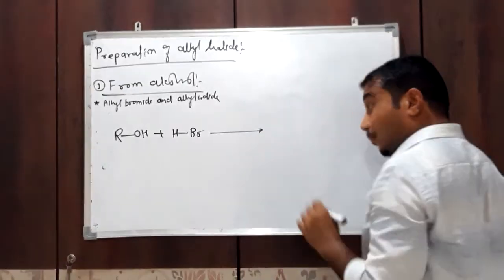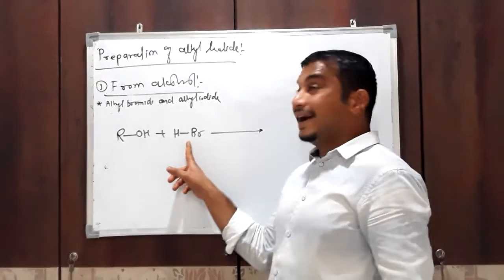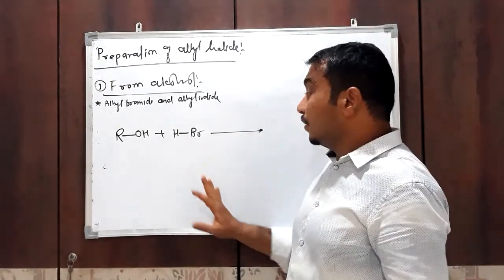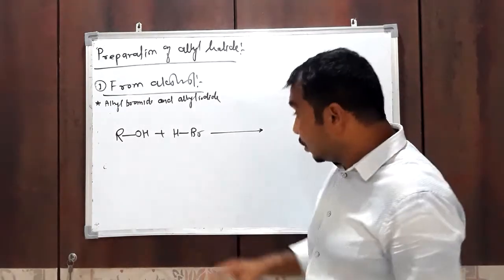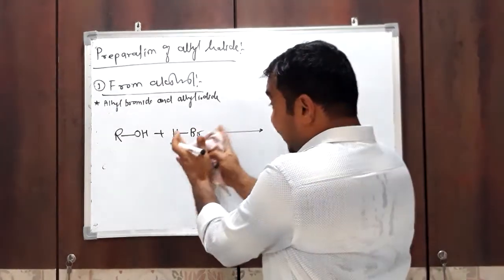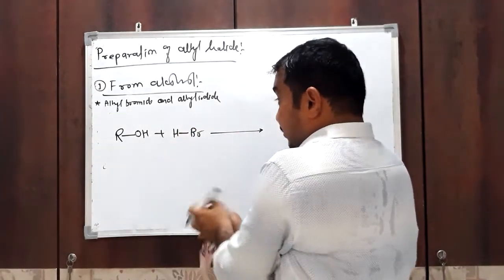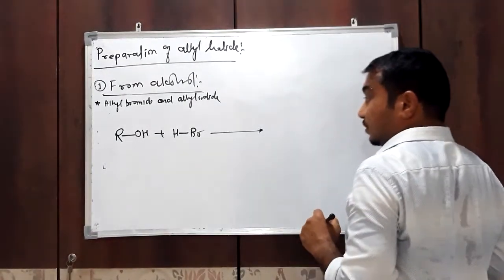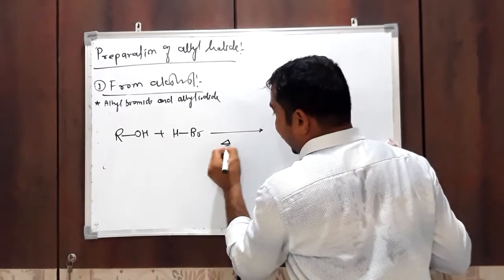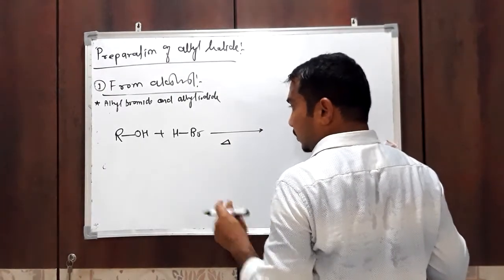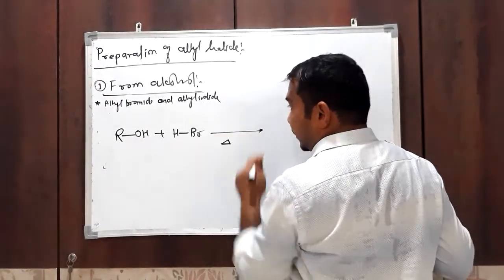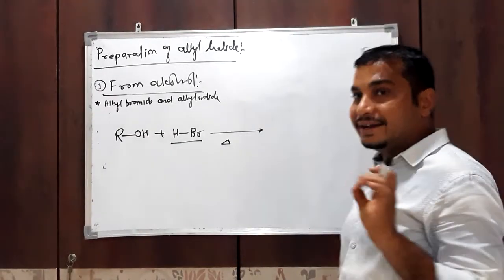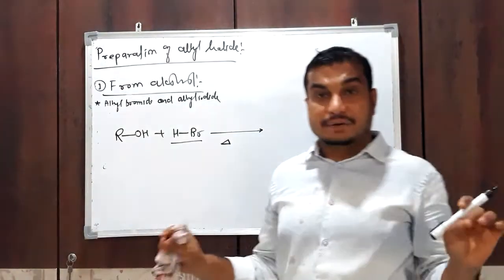Now, what happens? This hydrogen bromide is very unstable. This is not readily available. So we have to prepare this hydrobromic acid first in the reaction mixture. In the reaction mixture, reflux is required, reflux alcohol and this reagent.